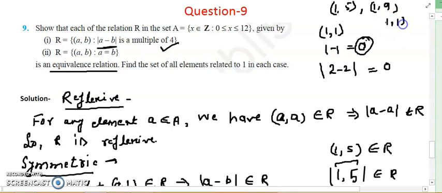So the elements related to 1 are 5, 9 and 1. Why 1 and 5? Because the difference of 1 and 5 is a multiple of 4. The difference of 1 and 9 is a multiple of 4, and 1 and 1 is a multiple of 4.